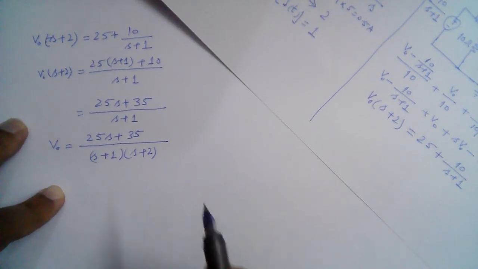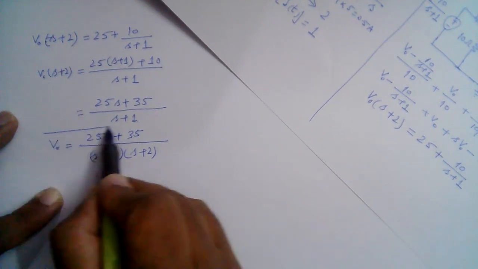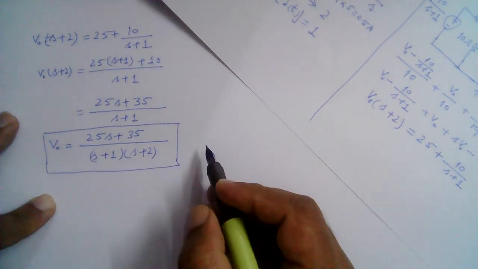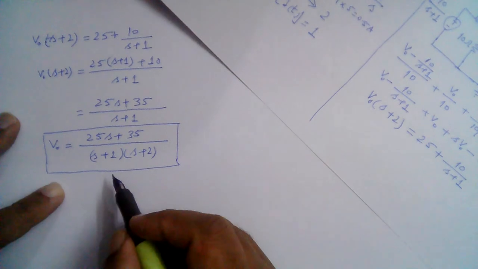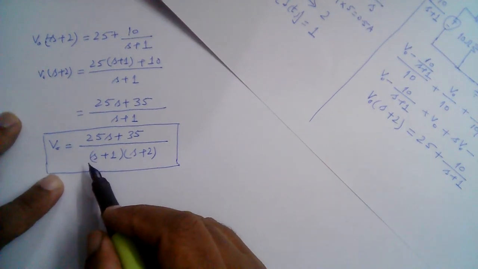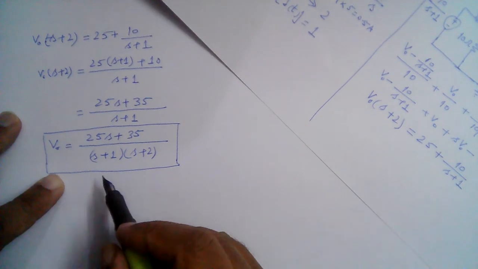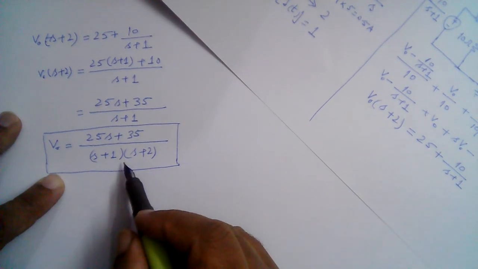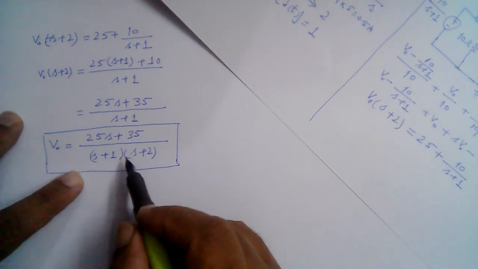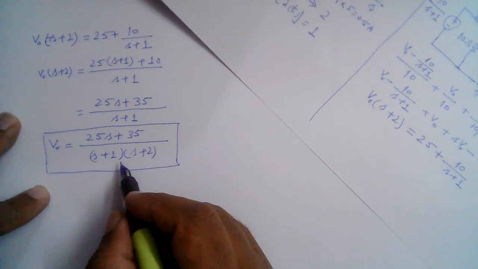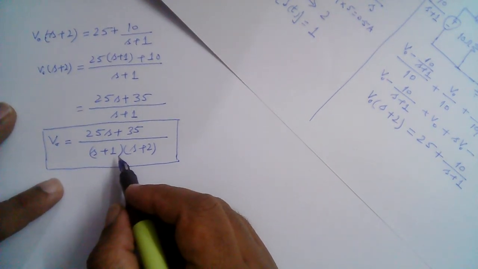So that is the expression in the frequency domain for V naught, but we need to find V naught in the time domain. So what we will do now is find the inverse Laplace transform of this expression. For this we use partial fractions to first expand this term, which will facilitate finding the inverse Laplace transform.